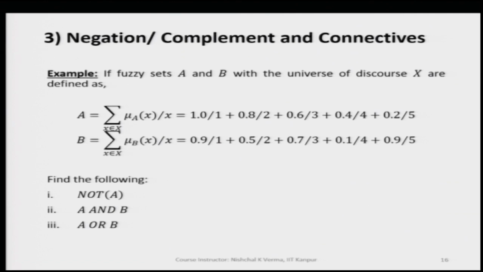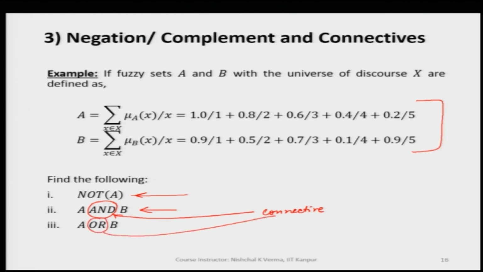Here we have two fuzzy sets, both discrete fuzzy sets, A and B. Using A and B, let us find not A, and then let us find A and B. Here AND is a connective, and in the third case also OR is a connective. So, AND and OR both are connectives.